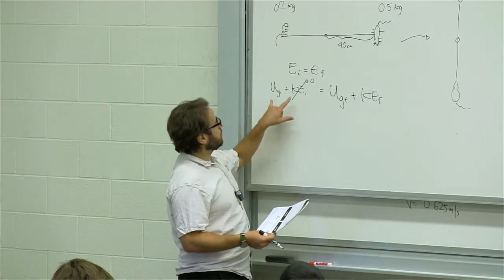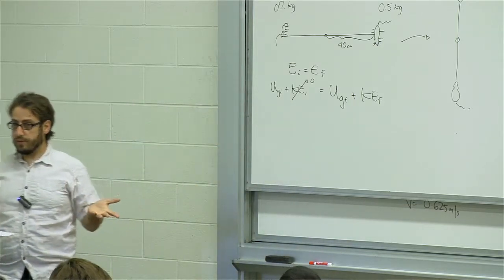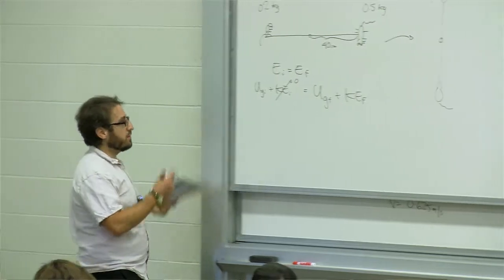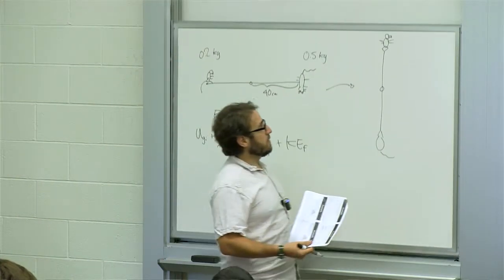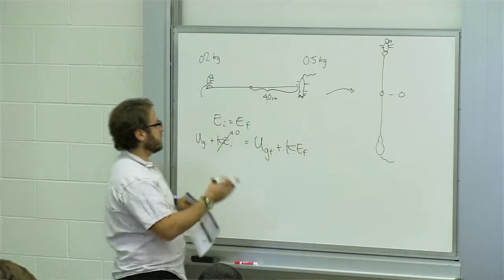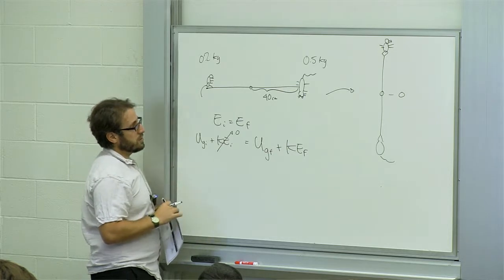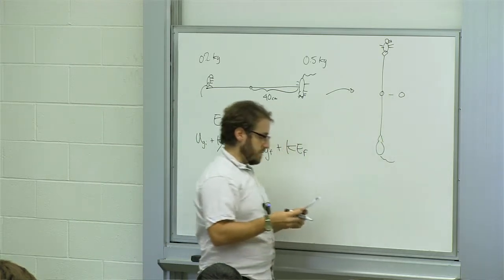So now when we do potential energy, often we choose one position to be 0 to make it simple, right? Either the initial state to be 0, the final state to be 0. So here there's a couple different choices you could make, right? You could choose this to be 0 here, so that the initial state has no potential energy. You could choose 0 to be down there. It doesn't really matter.